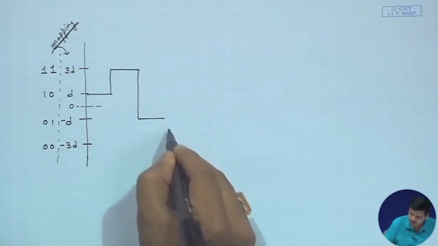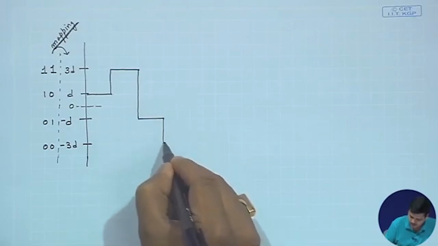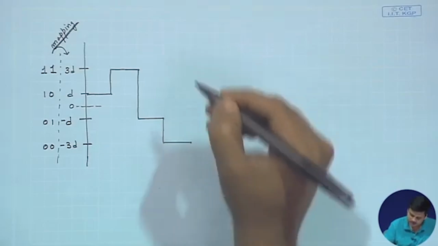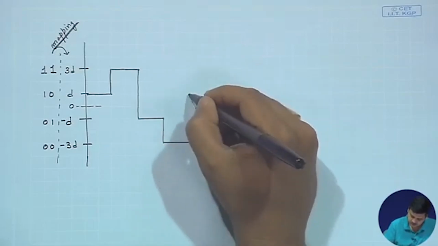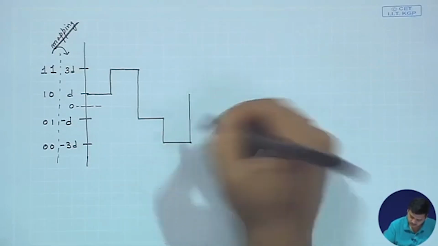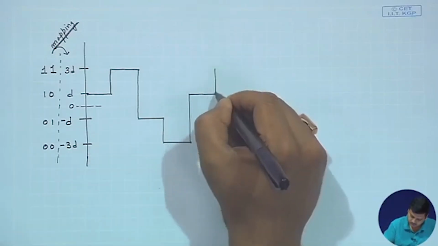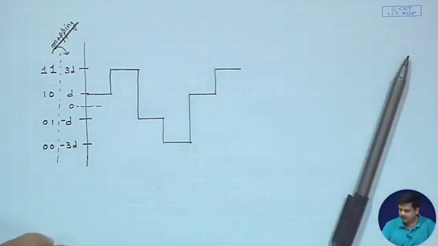This is an arbitrary waveform example that I am taking, not following the earlier example, purely for the sake of discussion. And then we say that noise. This is the waveform that goes through the channel.